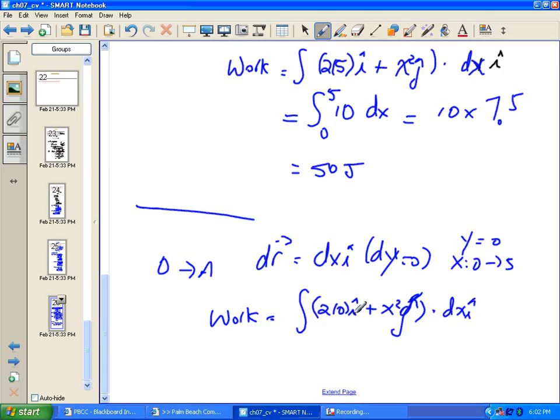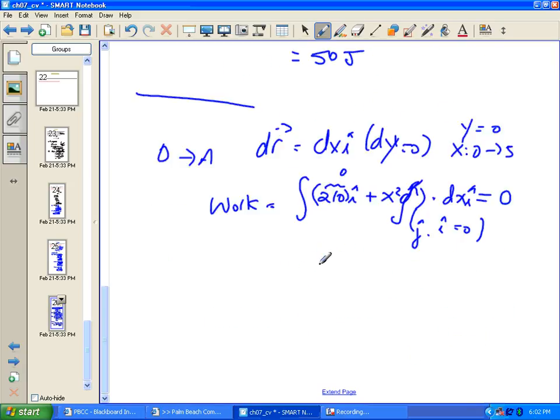Here again, the i hat has a value of 0, and the j hat component, even though it's got an x term, j hat dot i hat is 0. So in fact, this integral, like the first one in the part that we just did, is also equal to 0, the one from O to B.